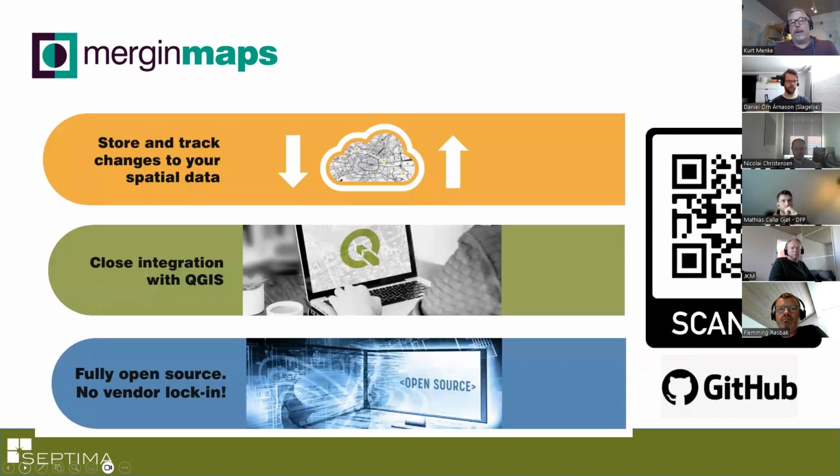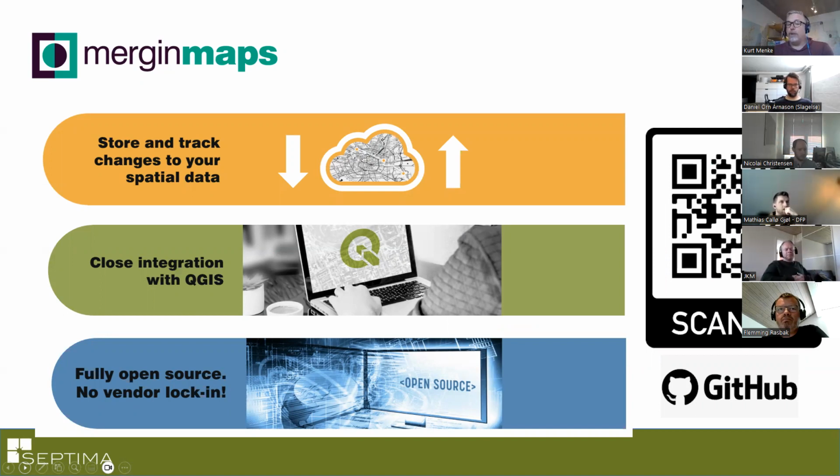You can then use Mergin maps to store and track changes to your spatial data and your QGIS project. So it's closely integrated with QGIS through the plugin. And it's also fully open source, so there's no vendor lock-in. We can discuss that later.